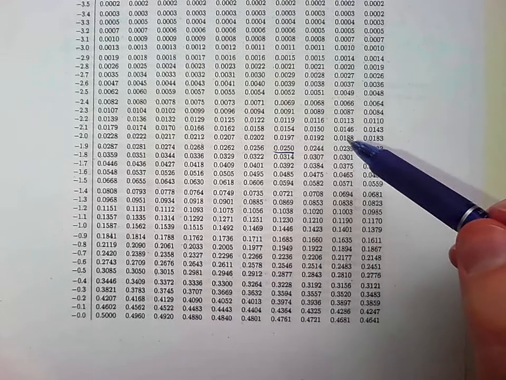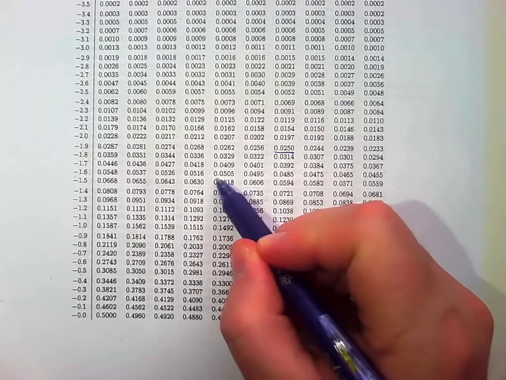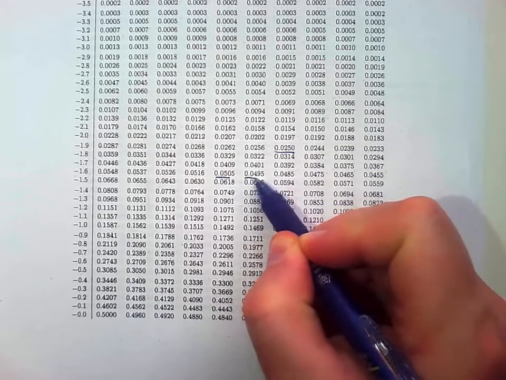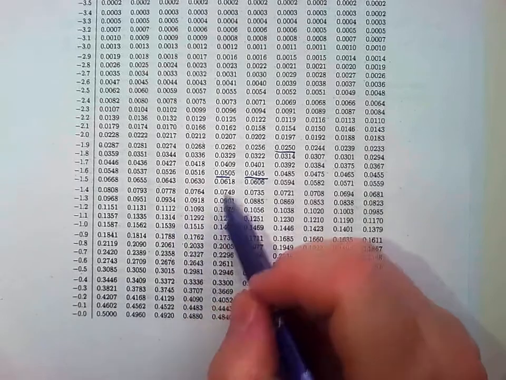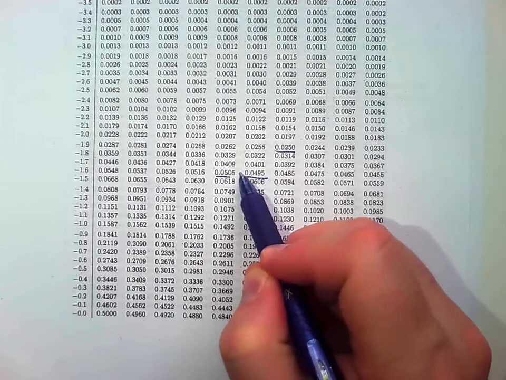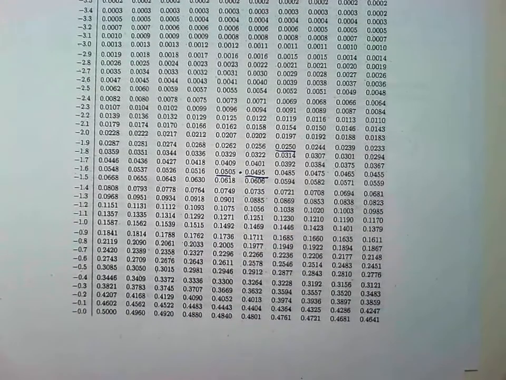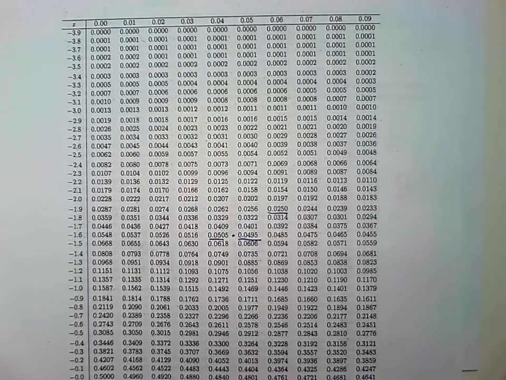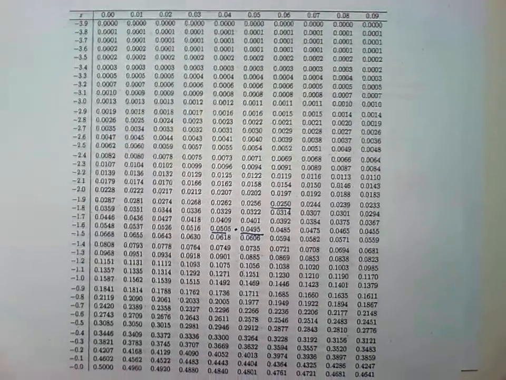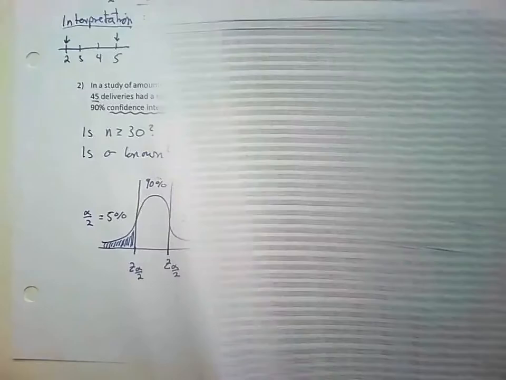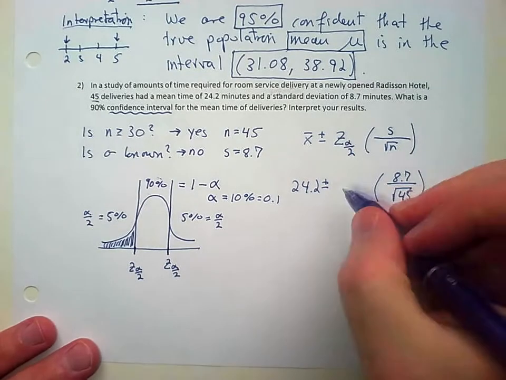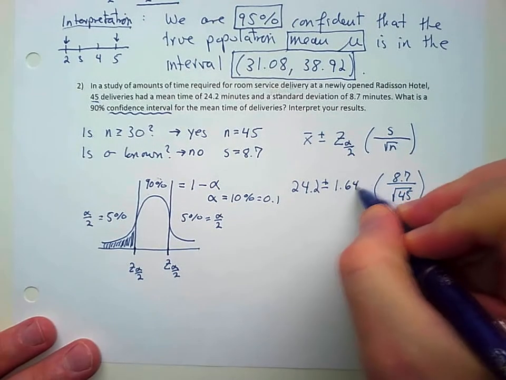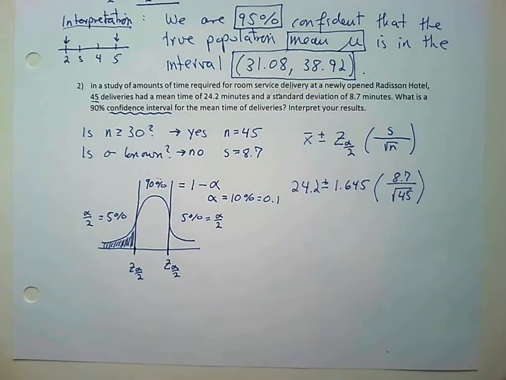We're going to go hunting for 5%. We already did this one in the last lecture video, and we saw that 5% or 0.05 is right in the middle between negative 1.64 and negative 1.65. So like I said in the last lecture video, we can use the z value of 1.645.